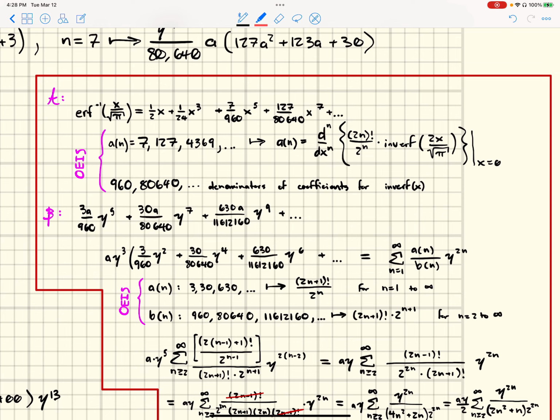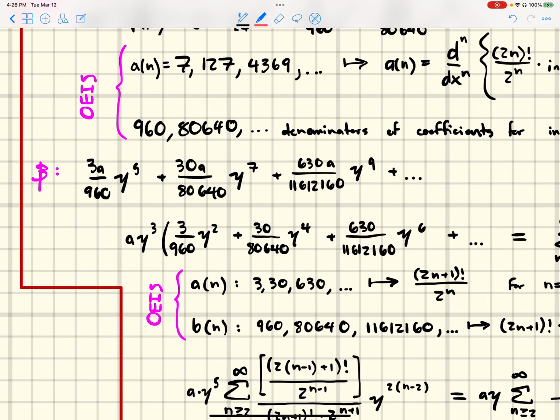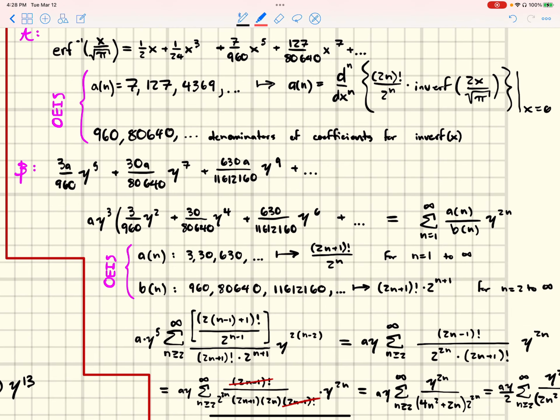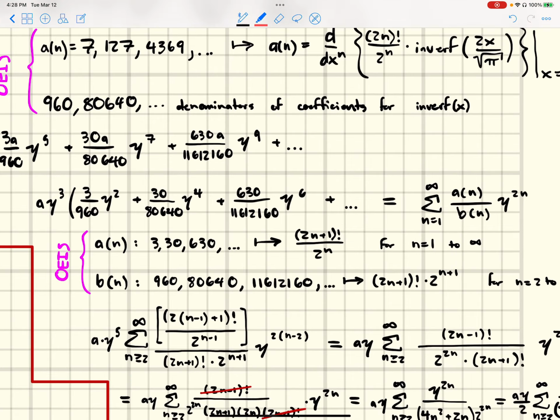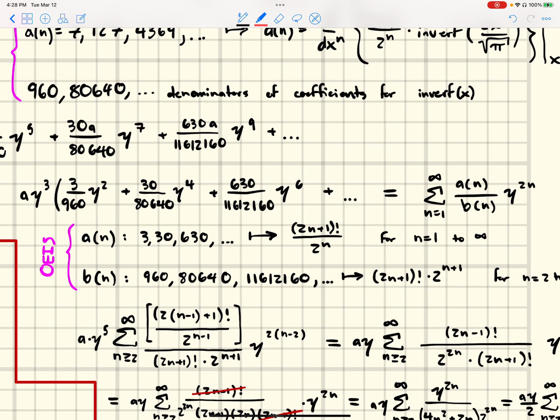It's a little more involved, it's a little harder to find, and I show it here, but basically, the sequence 3, 30, 630, so on and so forth, can be represented by this sequence, which is (2n plus 1) factorial divided by 2 raised to the n, if you start at n and go to infinity.